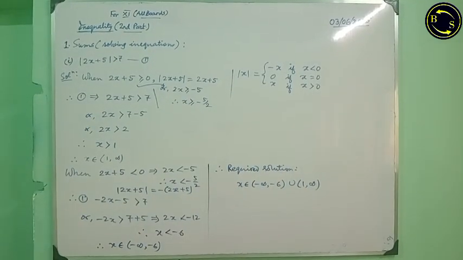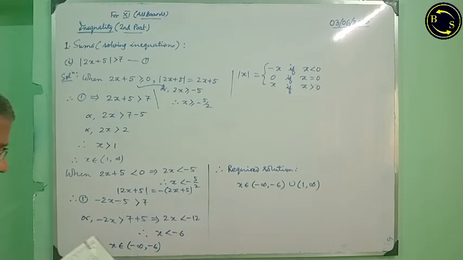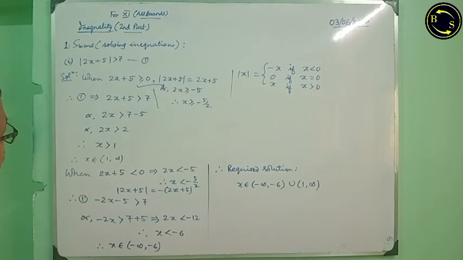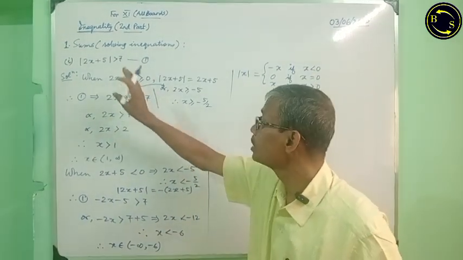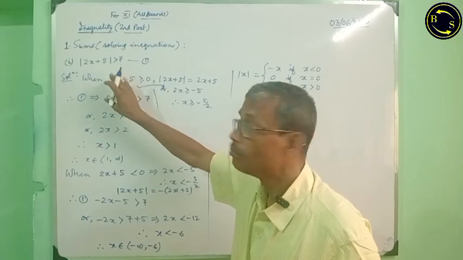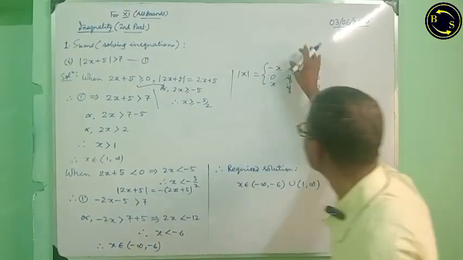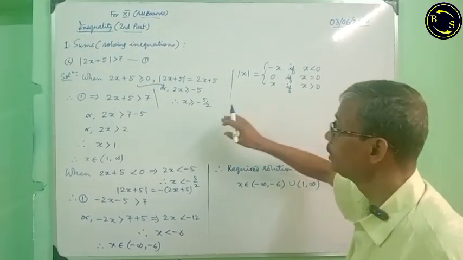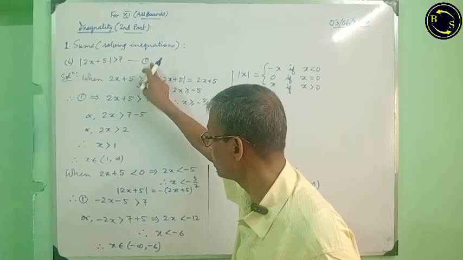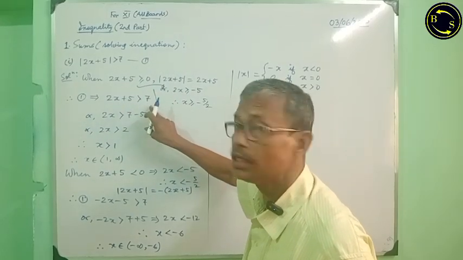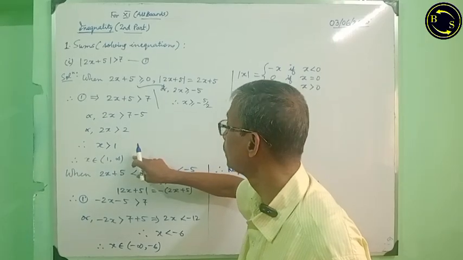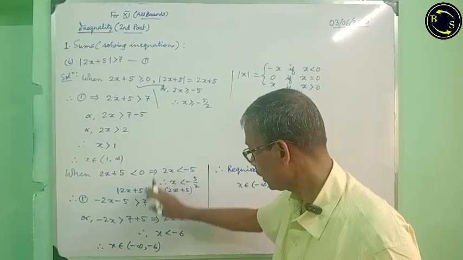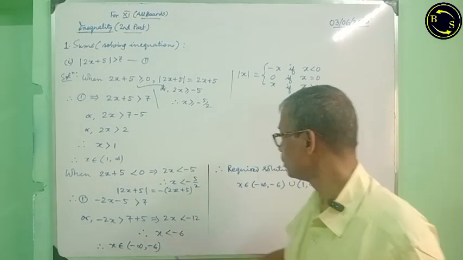Note this. In case of modulus symbol, let me repeat. In case of modulus symbol, first you remove modulus symbol, apply this definition, then from the original equation write the transformed inequation, then solve that. And next part is this.